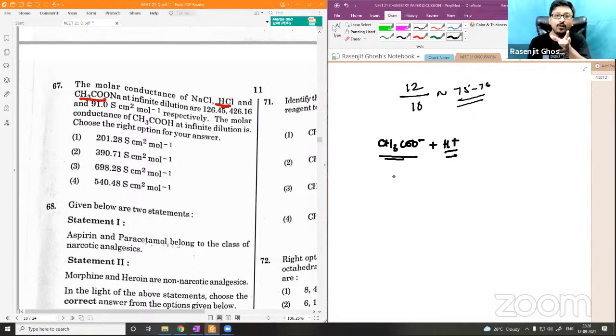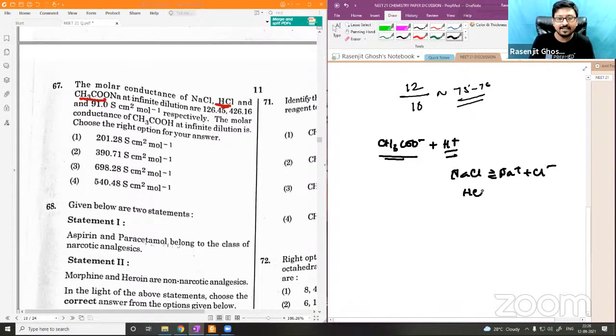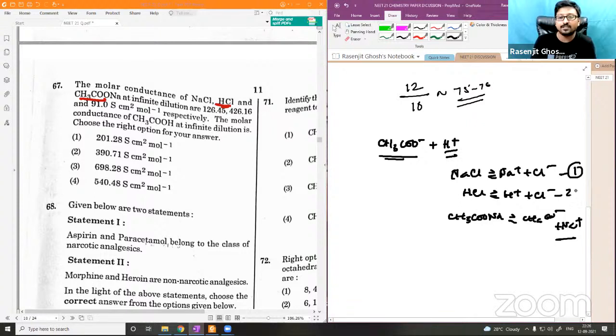So suppose my NaCl is basically Na plus Cl minus, HCl is H plus Cl minus, and CH3COONa is basically CH3COO minus plus Na plus, right? Now let's say this is equation number 1, this is equation number 2, and this is equation number 3.